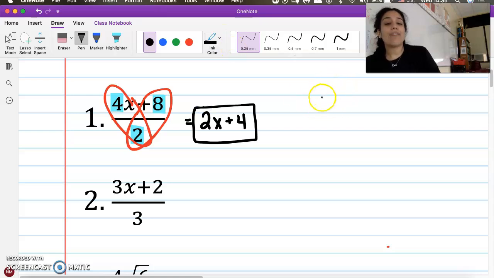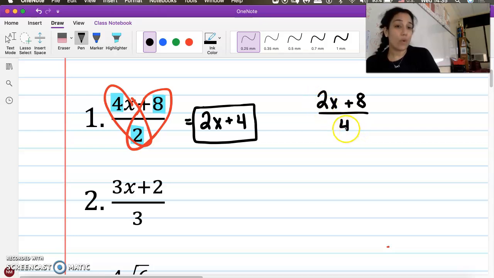But if you have something that is different, let's say 2x plus 8 over 4. Now 2 is not divisible by 4. But all three of these numbers can be divided by a common factor of 2. And that would make this a 1, this would become a 2, and this would become a 4. I just divided all these three by 2.